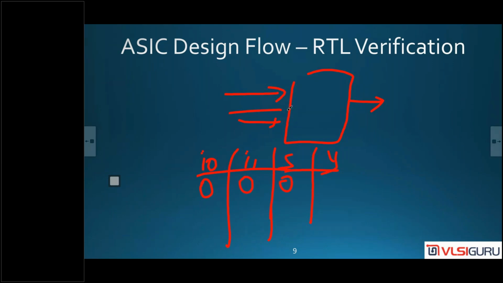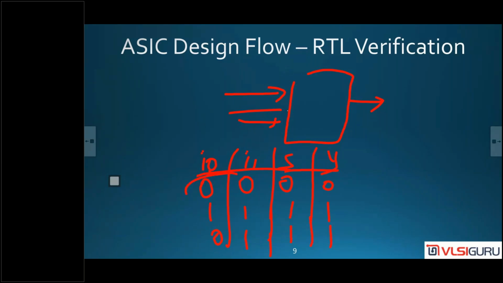If my select line is 0, Y will take I0. What is I0? 0. If the select line is 1, Y will take I1. What is the value of I1? 1. So this is called a test case.